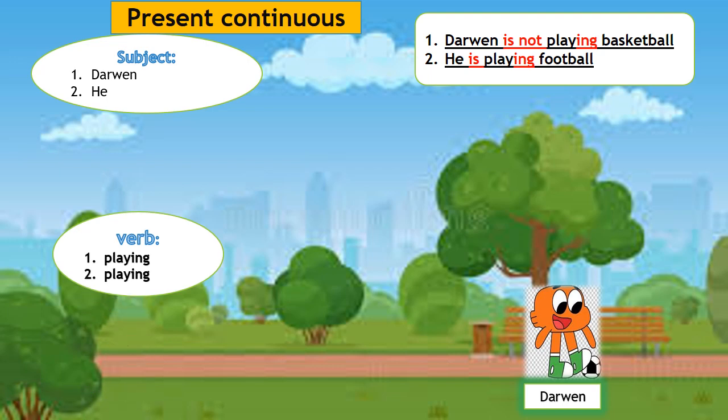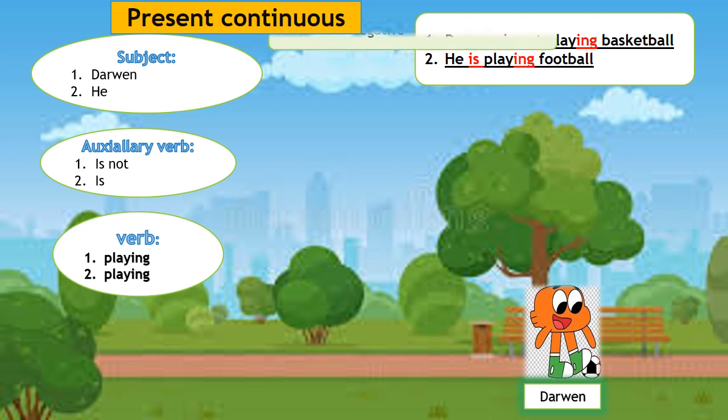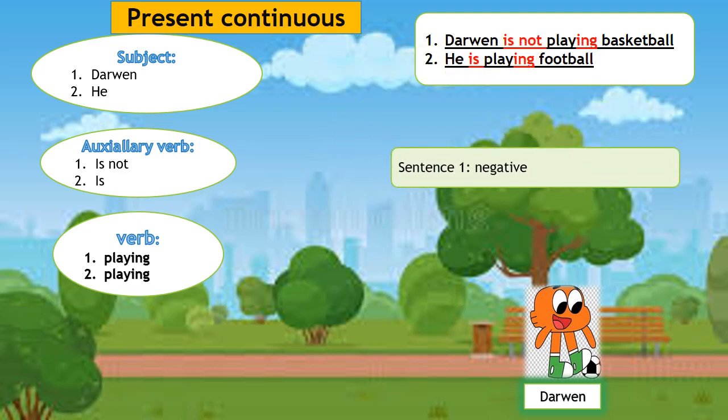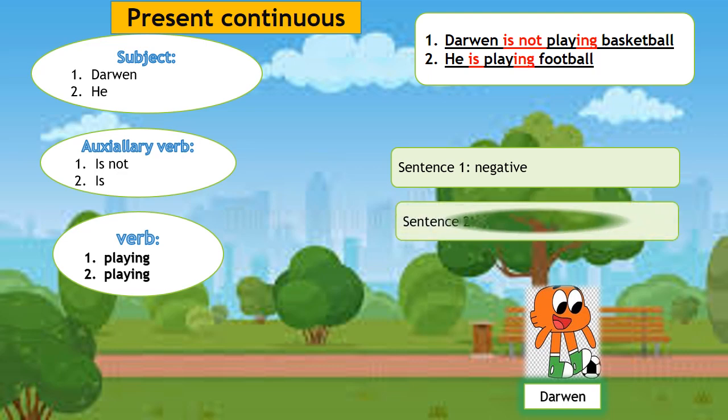Number 2, again playing. And auxiliary verbs is not and is. So what is the difference again? That's correct. Number 1 is negative because we have is not playing. Number 2, it is affirmative.